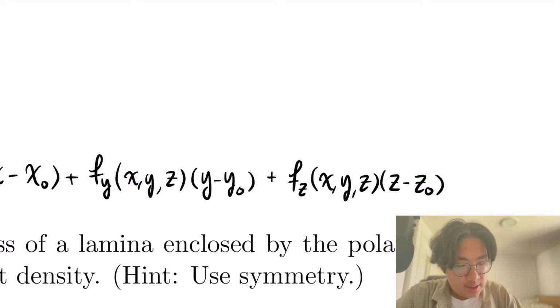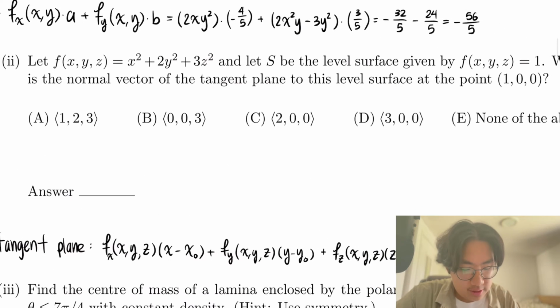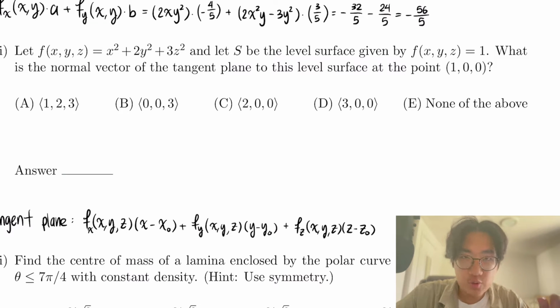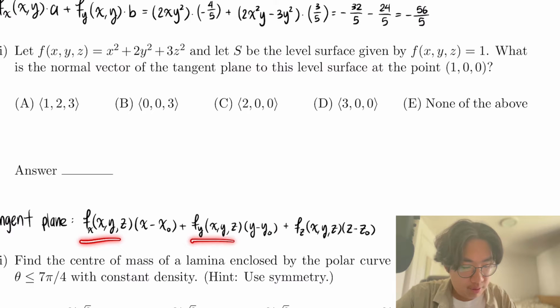Okay, so from this we can clearly see that as long as we're able to compute these partials over here, we can get the normal vector, which is again just reading off these parts over here.